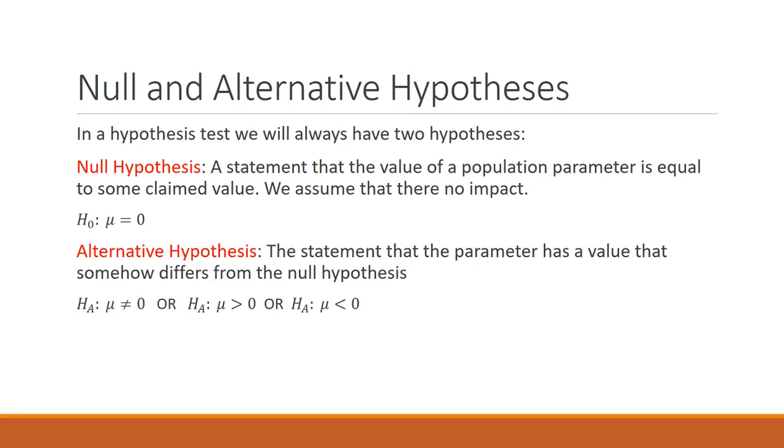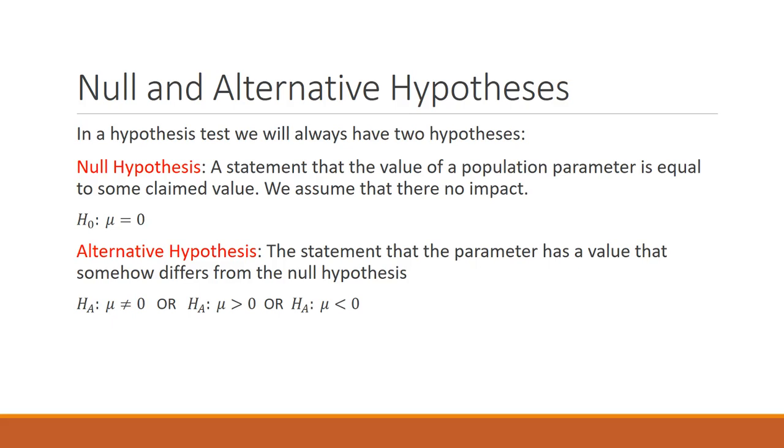What we do in statistics is we always propose two hypotheses, and then we'll test. We always propose what's called a null hypothesis and an alternative hypothesis. A null hypothesis is a statement that the value of some population parameter, let's say it could be income, land size, etc., has some particular value.